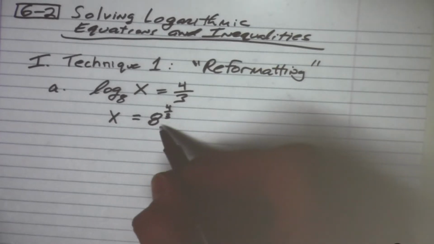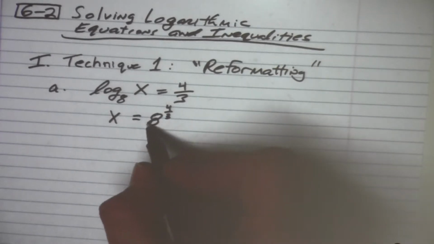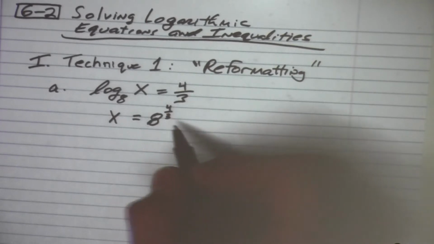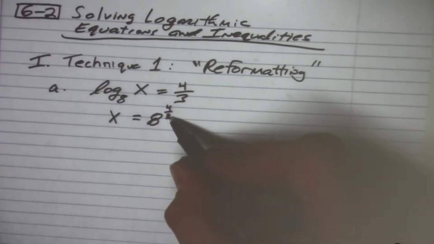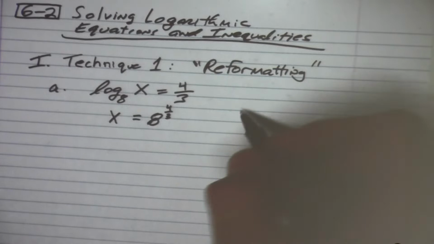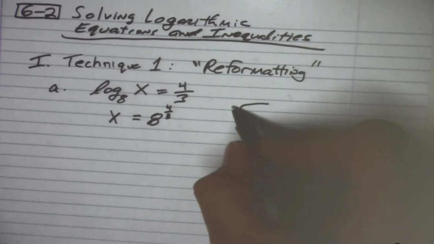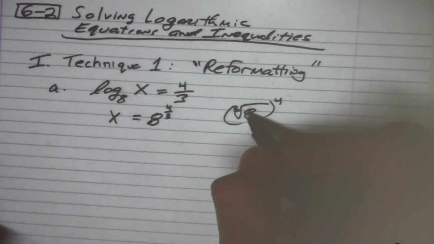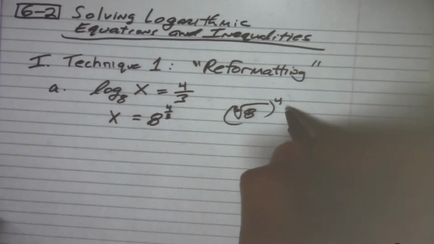Let's think of that in a couple of ways. You can take the cube root of 8, which is one possible way. Remember that the denominator here means the root. So I could do the cube root of 8 and then that to the 4th power, which would be 2 to the 4th power.